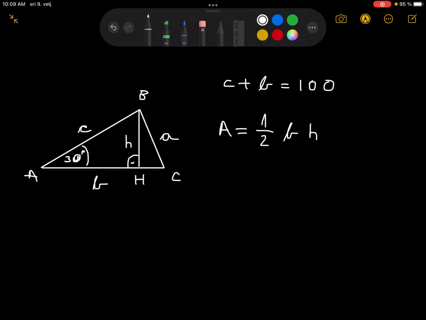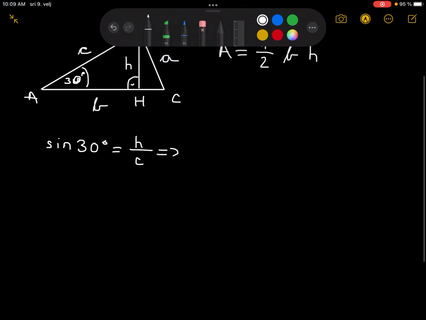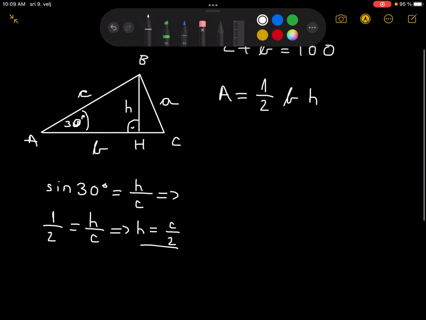So sine of 30 degrees is equal to H over C. So since sine of 30 degrees is equal to 1 over 2, which is equal to H over C, when you cross multiply, we get that H is equal to C over 2. Okay, that's part of our answer.